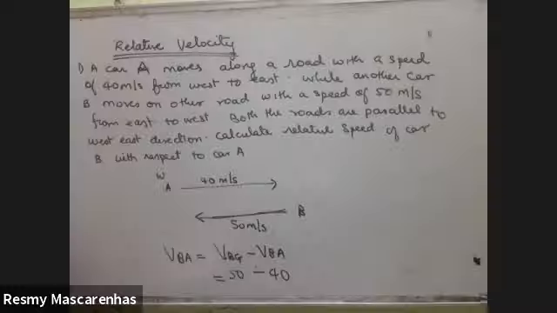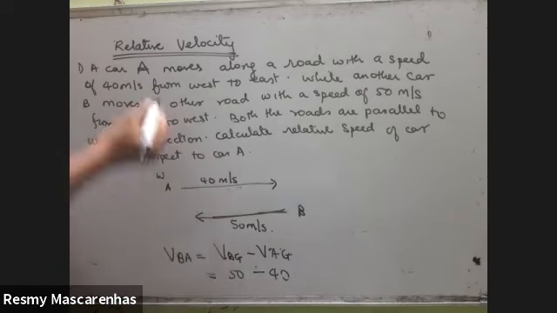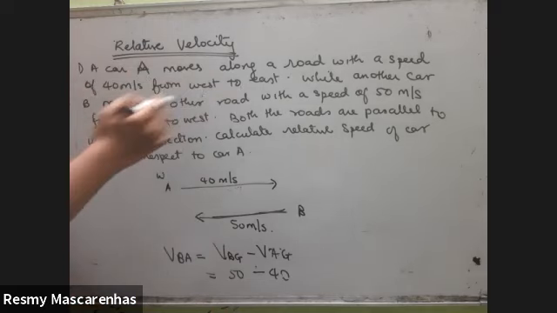Other than that, the substitutions: velocity of car B is 50, minus 50. For relative velocity, please be careful of the directions, otherwise all these directions would not matter. Why would they specify west to east and east to west?